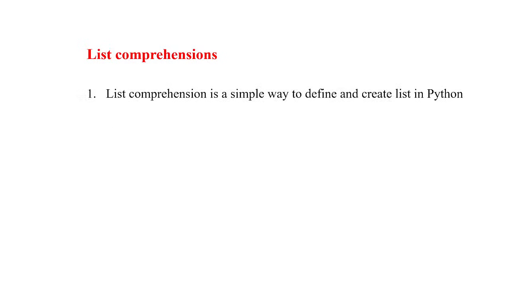Then list comprehensions. List comprehensions mean writing concise code for a lengthy code using the list. That is called a list comprehension, a simple way of defining and creating a list in Python.